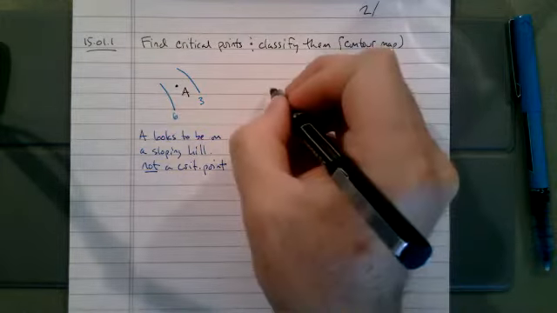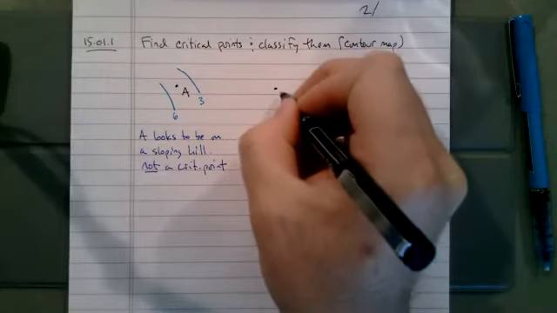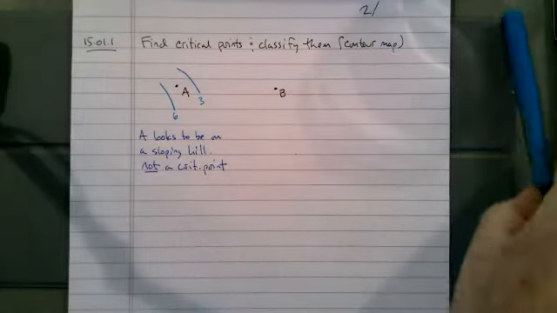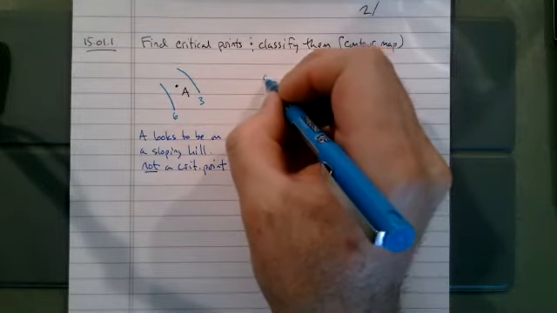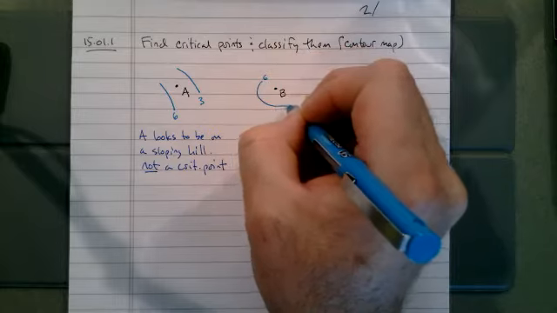Point B is surrounded. Point B has one contour that's going around it, labeled 6.